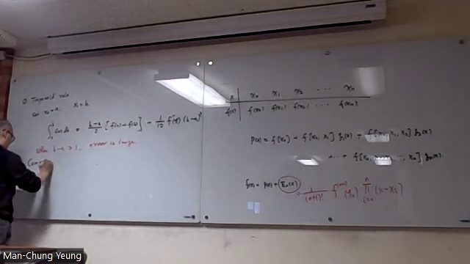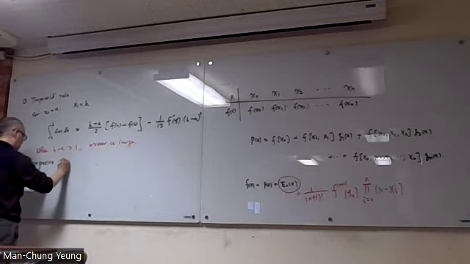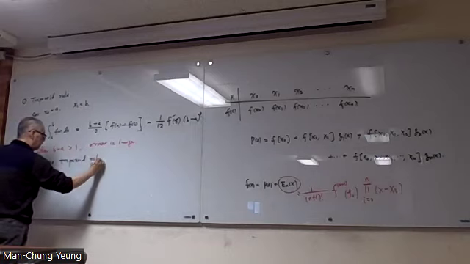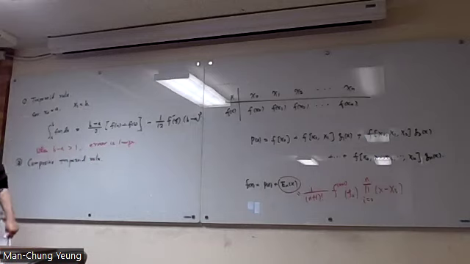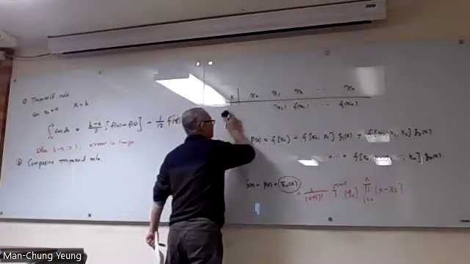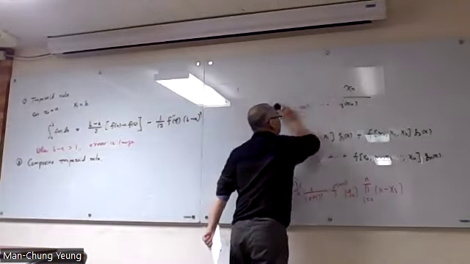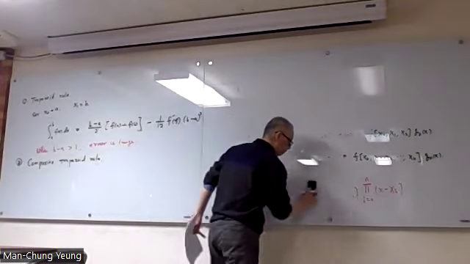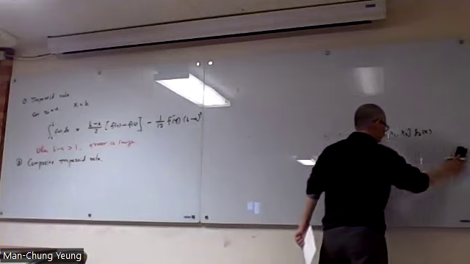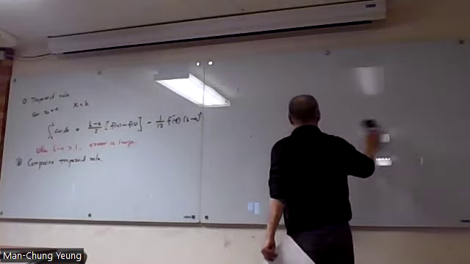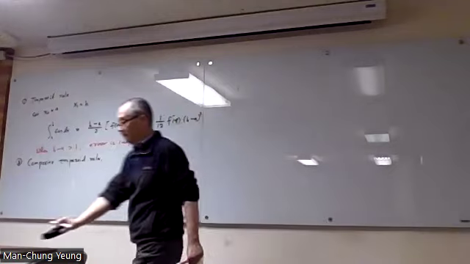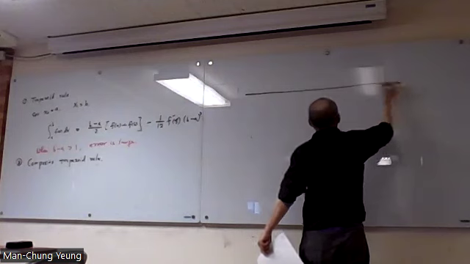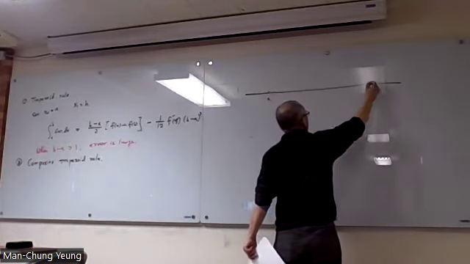Composite trapezoid rule. Now let me cut interval AB into subintervals.